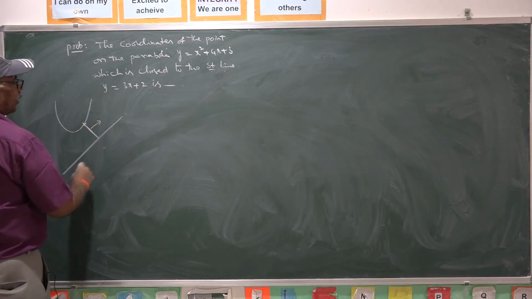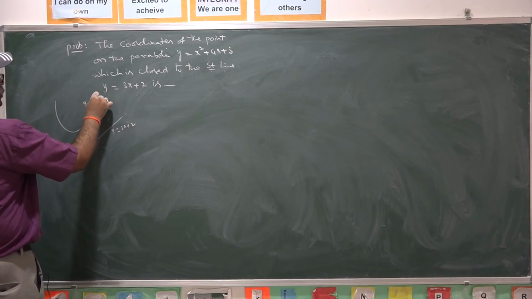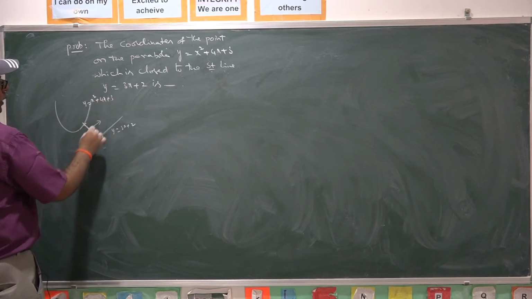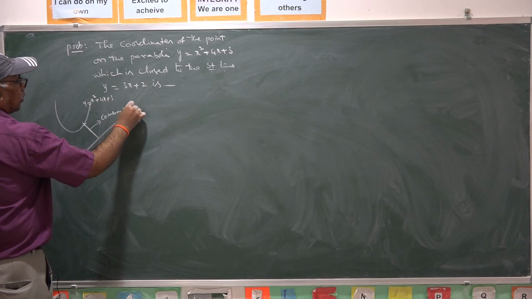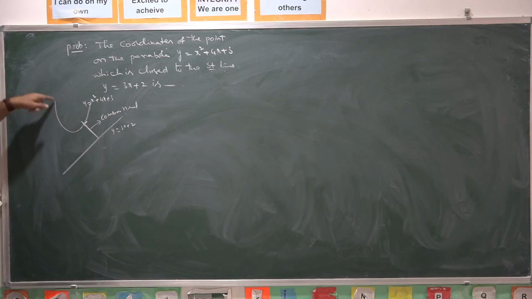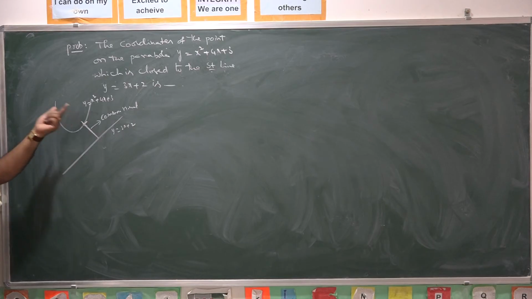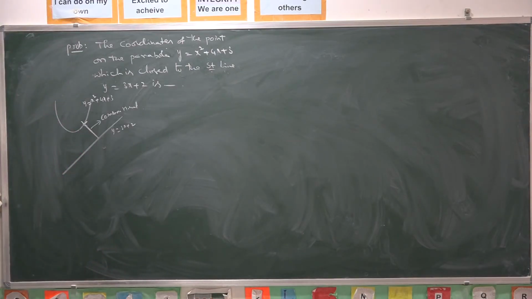This should be y equal to 3x plus 2, and of course y equal to x square plus 4x plus 3 is our parabola. This is the common normal. Now you have to find this point on the parabola so that this distance is minimum. That is the problem here.